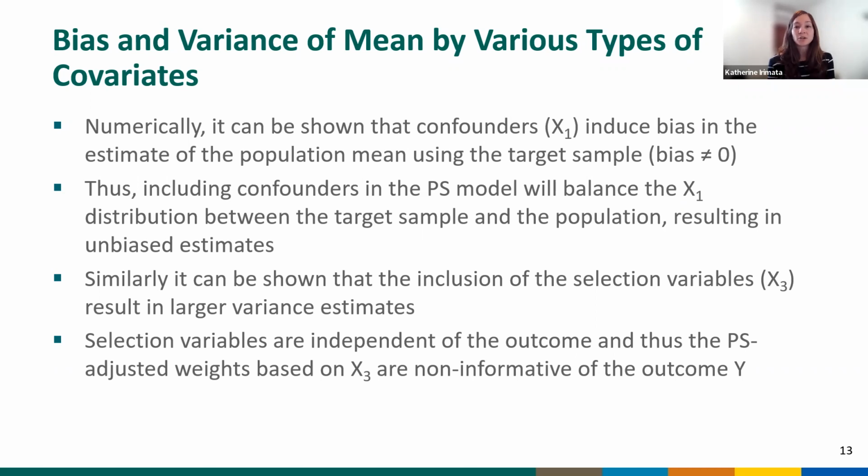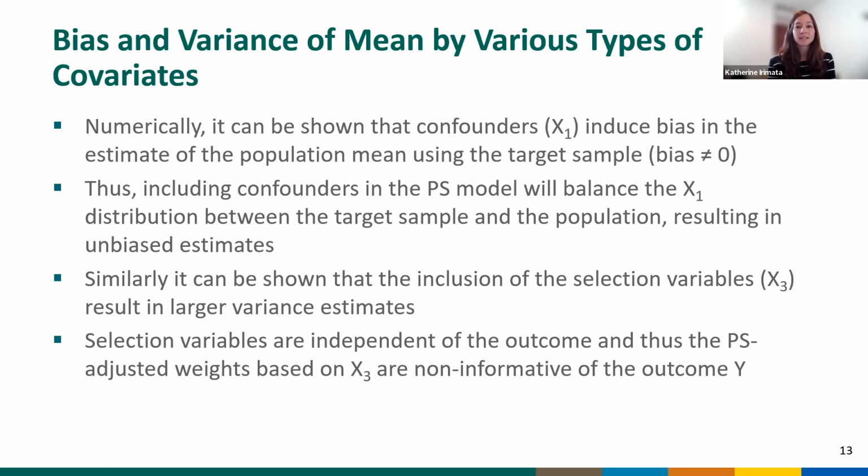It can be shown that when the covariate is independent of our outcome, so something like our selection variable, X3, or the predictor, which we're calling X2, the two distributions will be the same and so we won't have bias. But when the covariates correlate with both our selection indicator and the outcome, so that's our confounder variable, X1, then the bias won't be equal to 0.